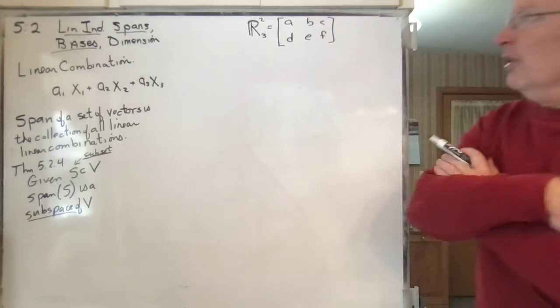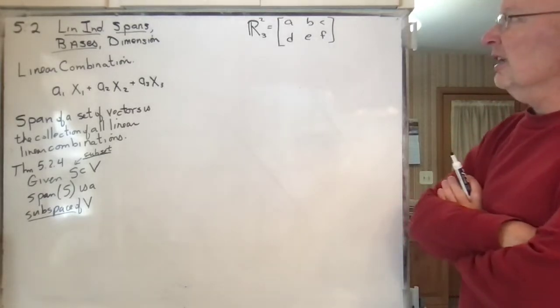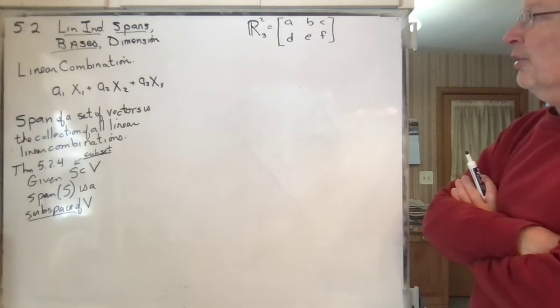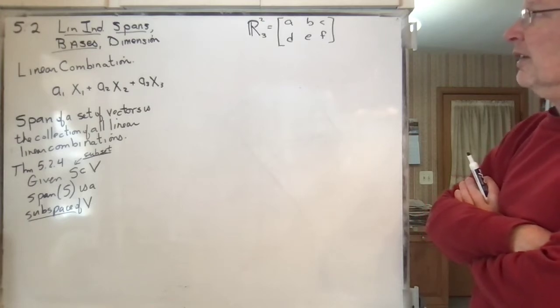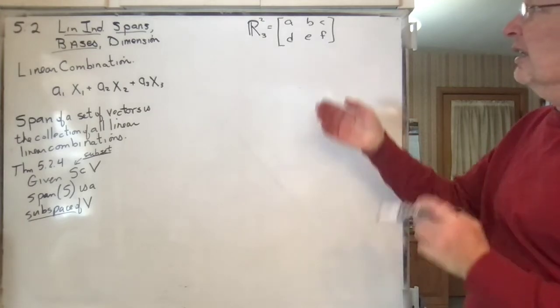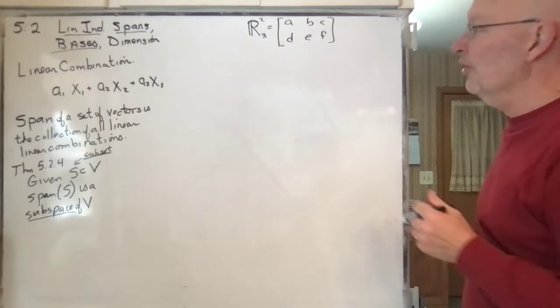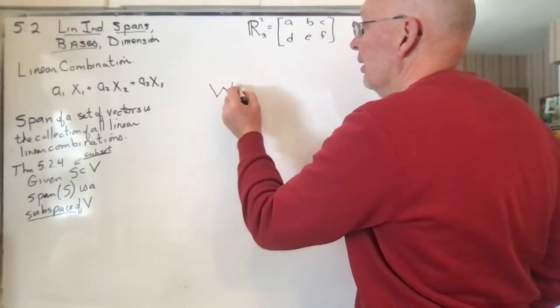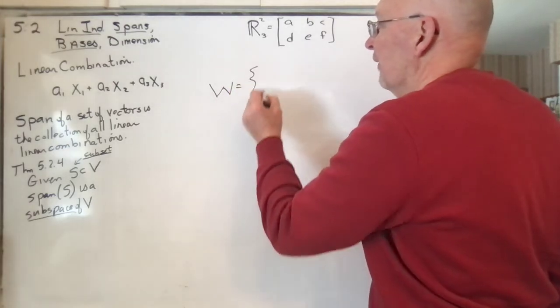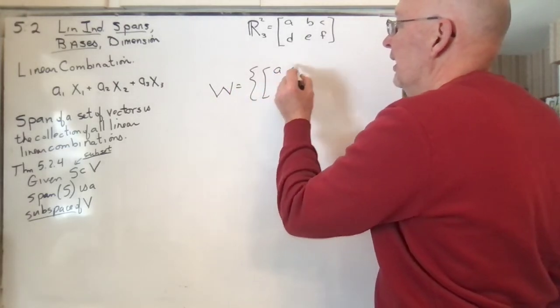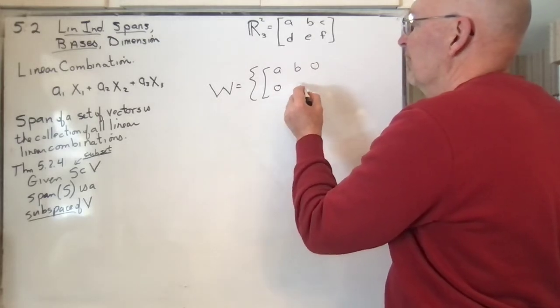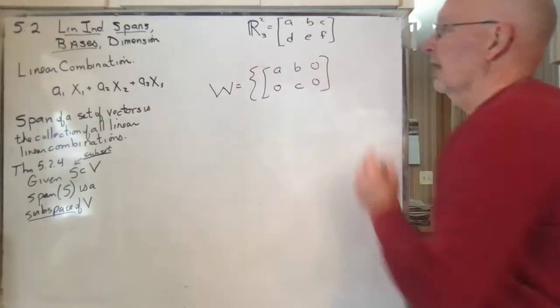So of degree 3 means that you're going to need 3 linearly independent vectors to generate it. 3 linearly independent vectors whose span is that space. So I'll give you one right here. How about this space right here? I'll let W be everything of the form A, B, 0, 0, C, 0. There.